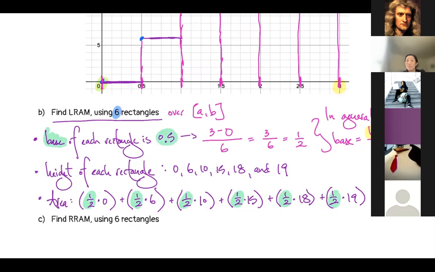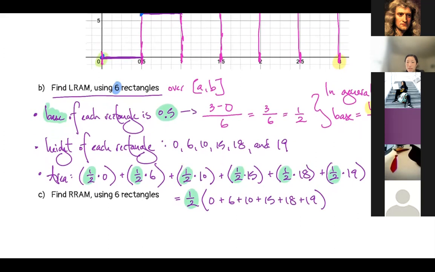Because we are trying to be as efficient as possible, we're going to factor out that common factor, the 1/2. And then we're just going to add up whatever's left. 0 plus 6 plus 10 plus 15 plus 18 plus 19. And you can type that out.